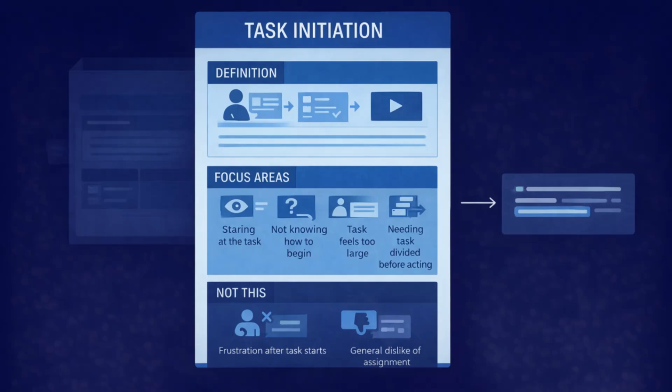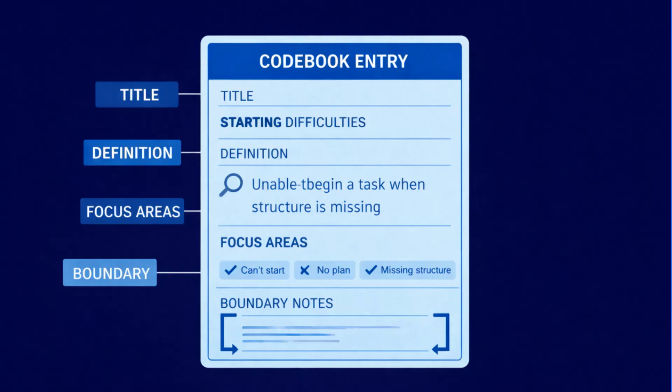The boundary note might clarify that this code is not for frustration after the task has already started, and not for general dislike of the assignment. That is already a usable codebook entry. It is not a final interpretation. It is a stable coding decision made visible on the page.